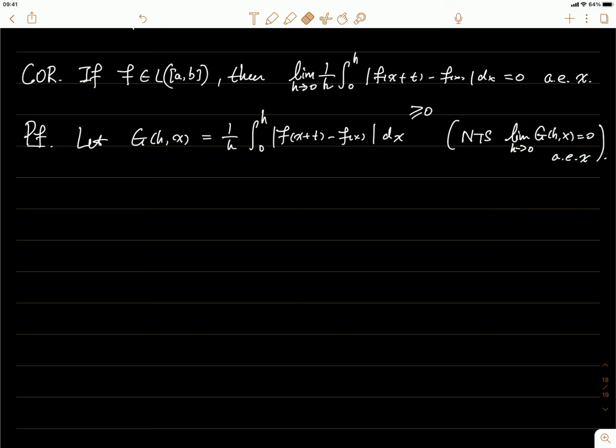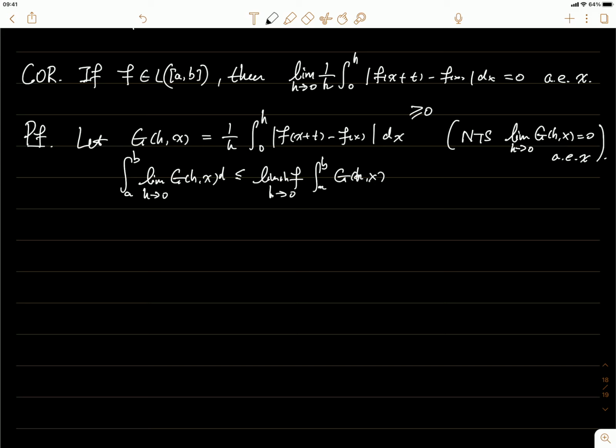Okay, so to do that, we can just recall Fatou's lemma. We show that on the one hand, the integral of the limit of g(h, x) as h goes to 0 is less than or equal to the lim inf as h goes to 0 of the integral from a to b of g(h, x) dx.